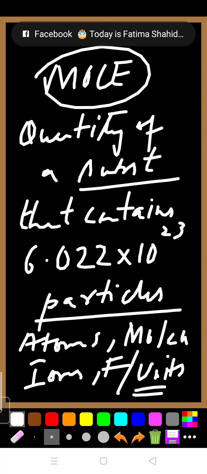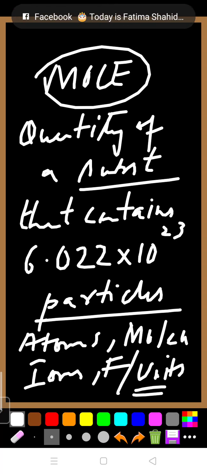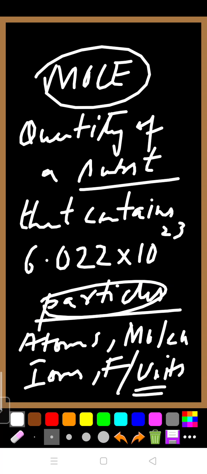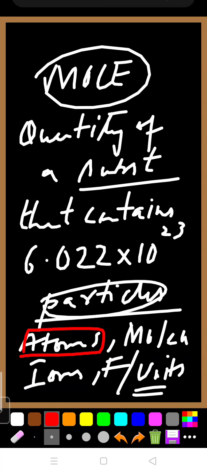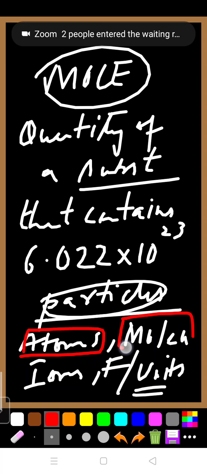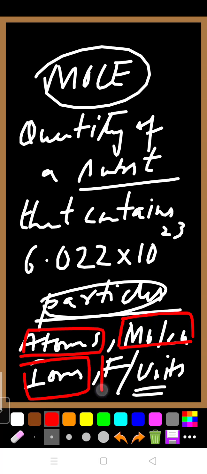These particles are categorized as atoms in the case of elements, molecules in the case of compounds, ions in the case of ionic compounds, or collectively formula units. Is it clear?